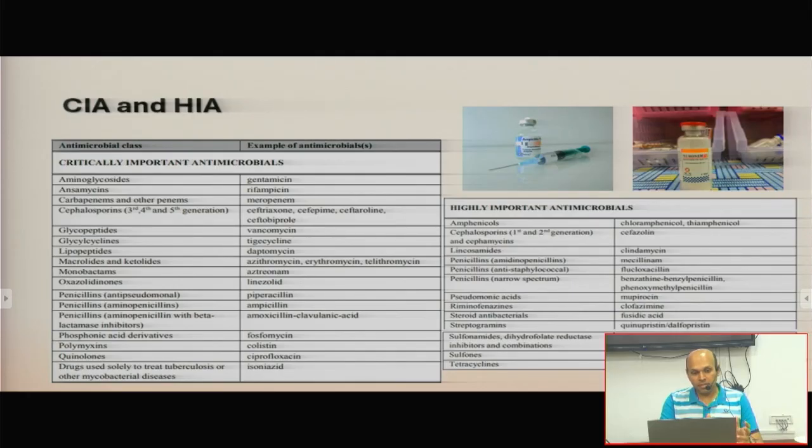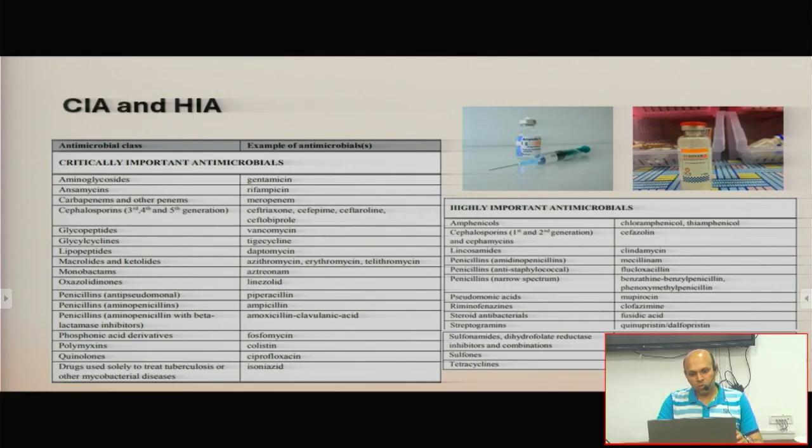In polymyxins, you have got colistin, which is another important antibiotic. And in highly important antimicrobials, you have got amphenicols like chloramphenicol. In cephalosporins, you have got first and second generation, for example, cefazolin and other cefamycins. In lincosamides, you have got clindamycin and so on.